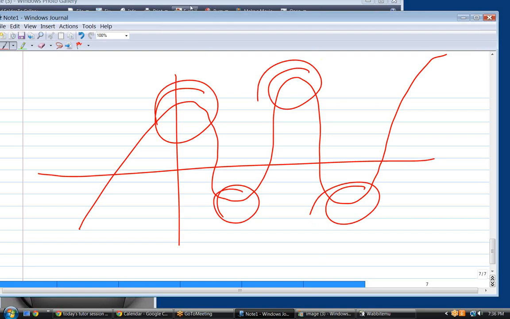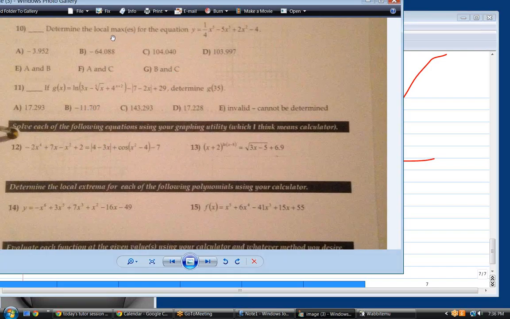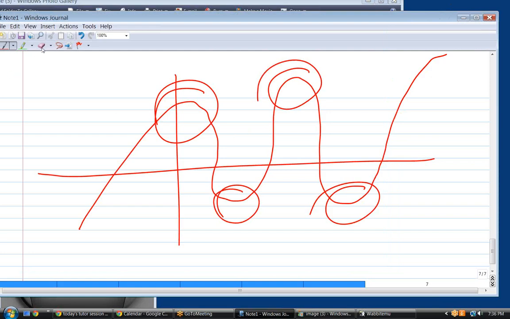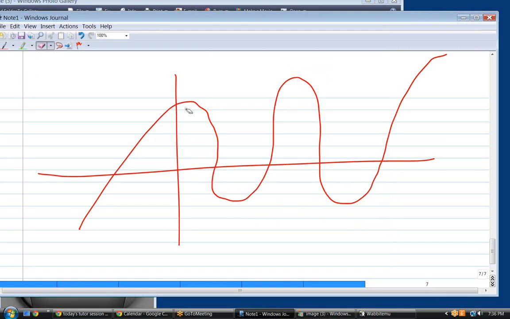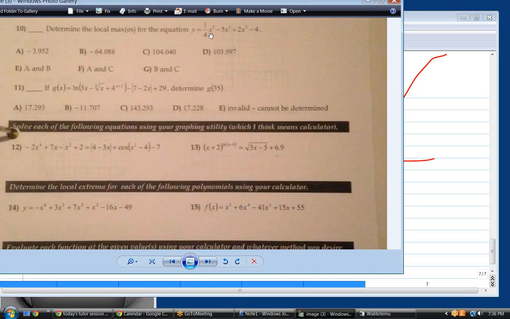So when they say find the local maxes, plural, they might be talking about both of these 2 points, even though the second one is higher than this one, because they haven't defined the parameters. The absolute maximum on this function is clearly when x goes to infinity, right? As x goes to infinity, y goes to infinity. So there is a local max somewhere, but there's no absolute max at all on the function.